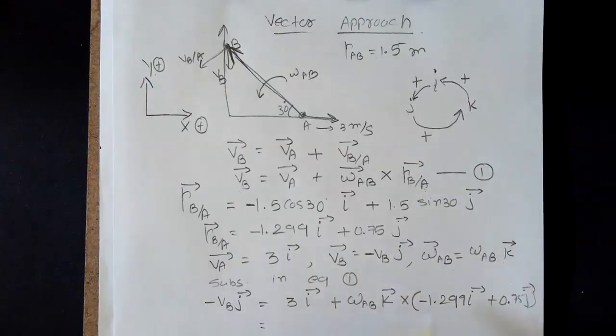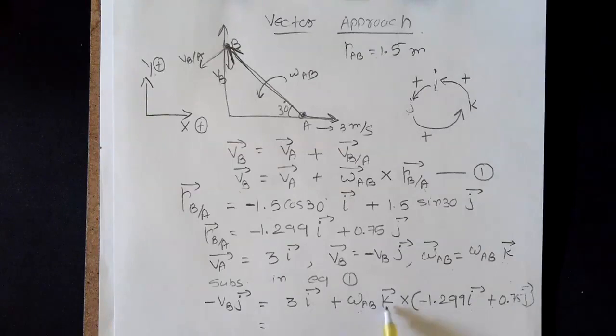Next step is we need to finish this cross product. So we need to multiply this constant 1.299 with omega and then do the k cross i, and then plus sign, and we'll multiply omega AB with 0.75 and k cross j.